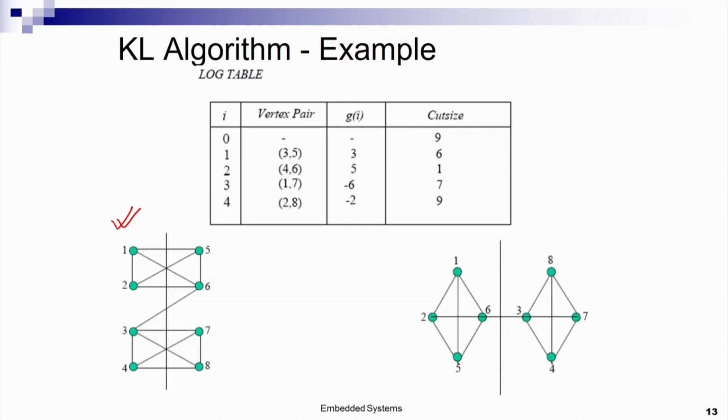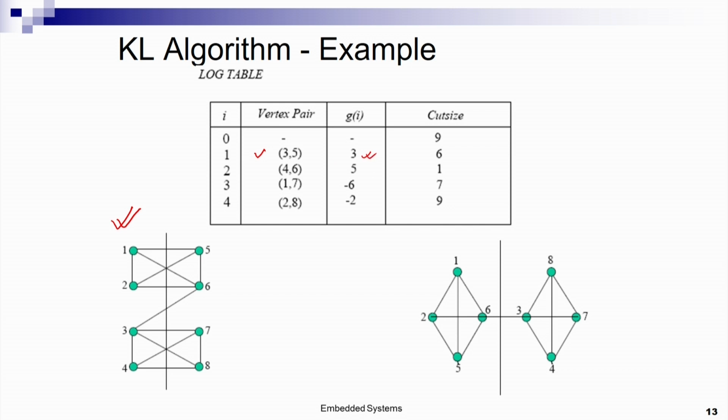Let us say we do not go into this procedure, but you can check that the highest gain is provided by the exchange of pair 3, 5. We already saw that if we exchange 3 and 6, we get a gain of 2. And here it tells that if we exchange 3 and 5, we get a gain of 3.